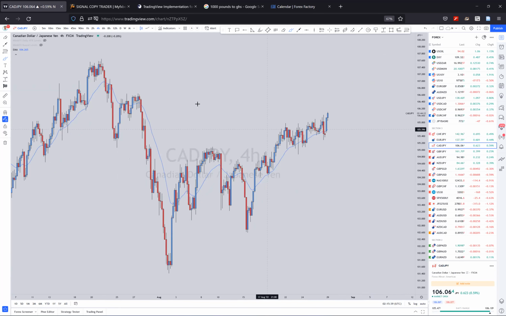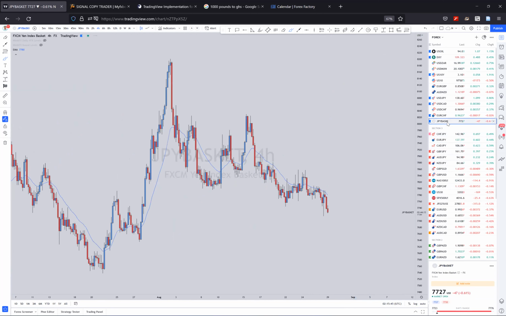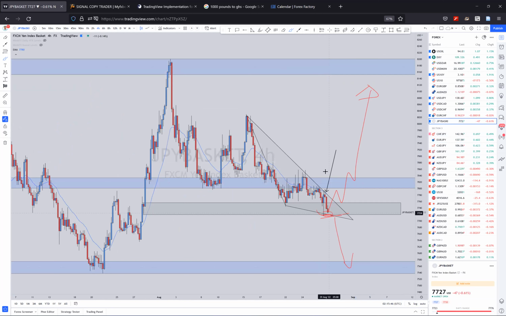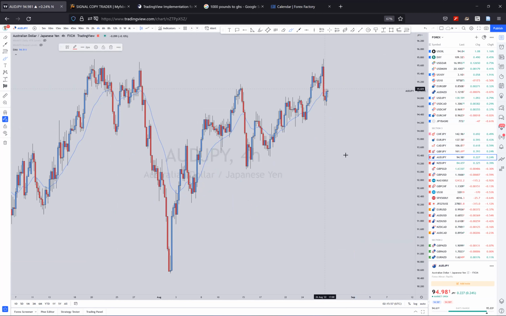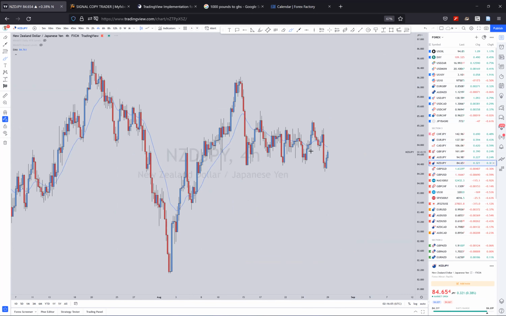So I am low-key gearing for this to happen, but whatever happens, we'll trade it as it is. When that happens, that will give us more opportunities here, because that means we could ride the JPYs for a very long time, but we're keeping an eye.